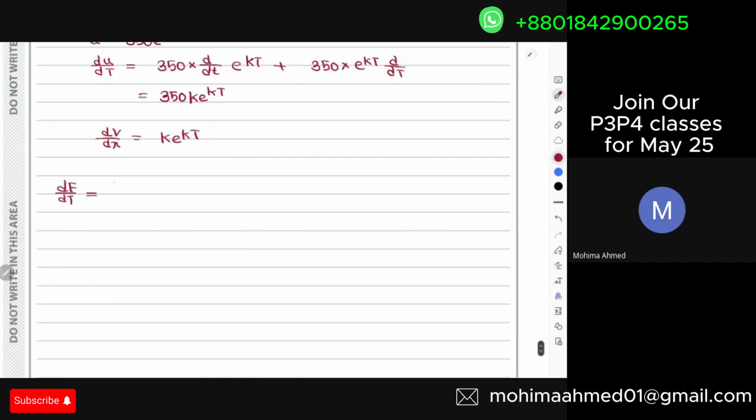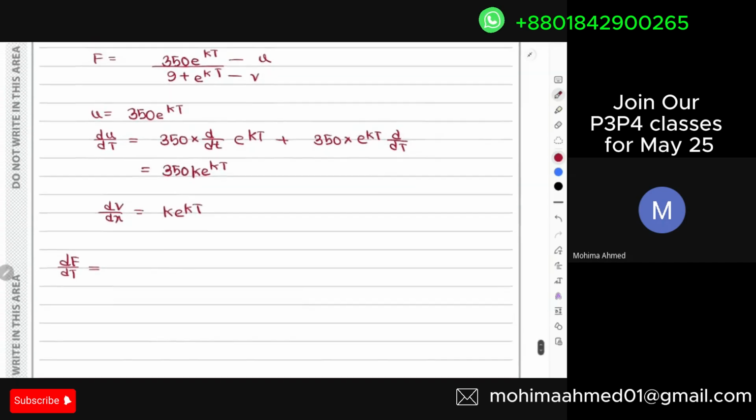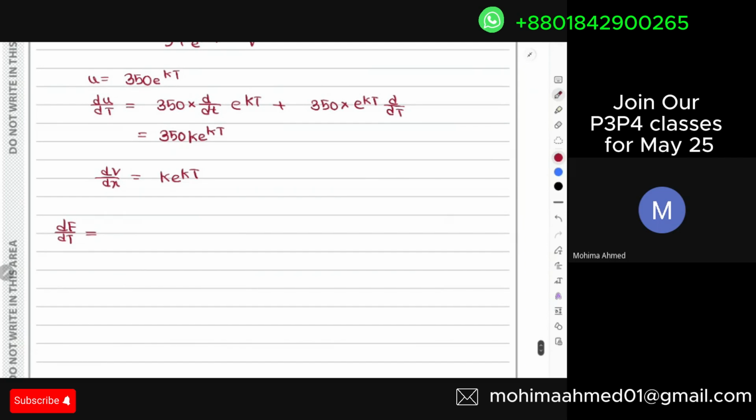Okay, now if I use this, v du, v over here was 9 plus e power kt, and du was 350 k e power kt, times 9 plus e power k capital T, then minus u over here was your 350 e power kt times k e power kt, dividing this with v whole square, right?